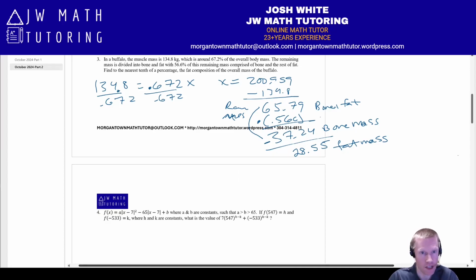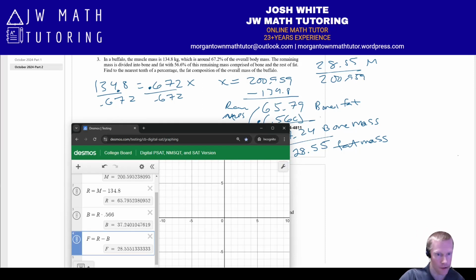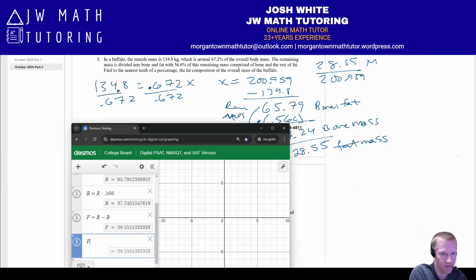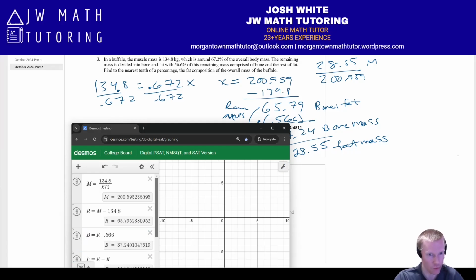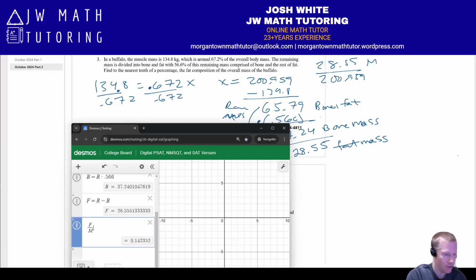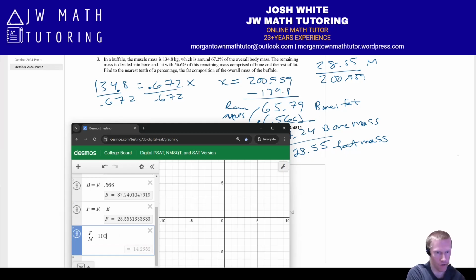Now we need to know, to the nearest tenth of a percentage, the fat composition of the overall mass. So all we're doing now is taking the 28.55 and dividing that by the overall mass, the 200.959. So now I'm just going to take F divided by M. Remember, M is what I defined as the overall mass at the beginning. Okay, now just multiply by 100 to get it into a percentage.